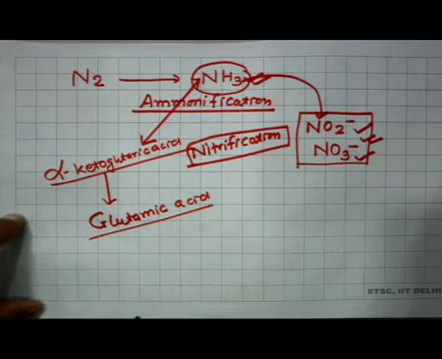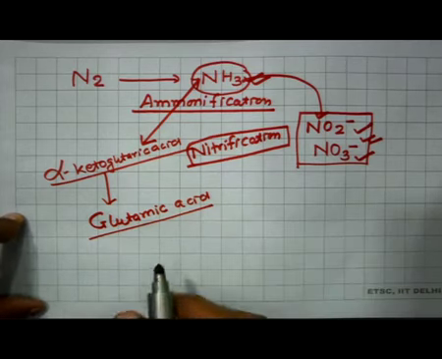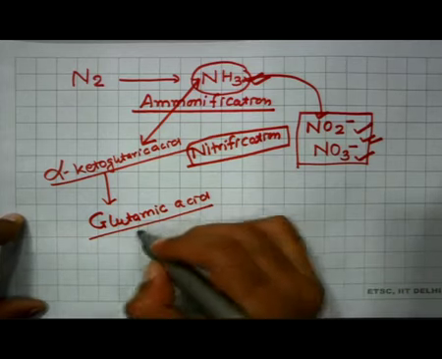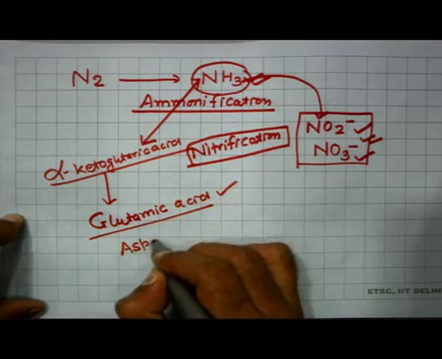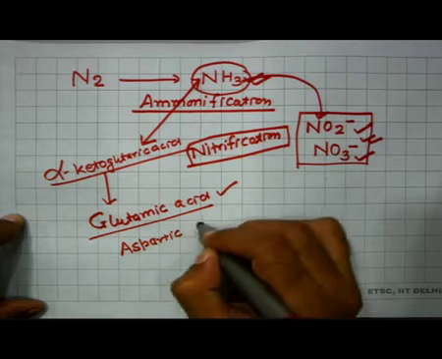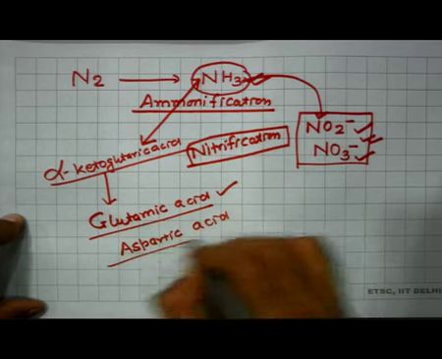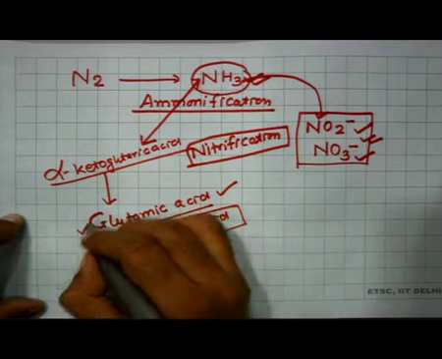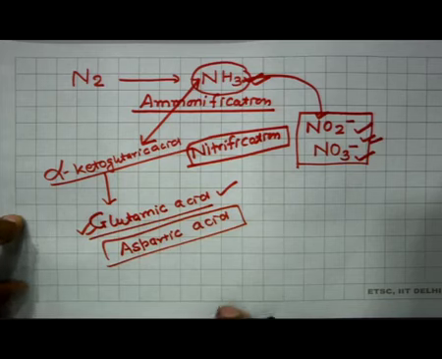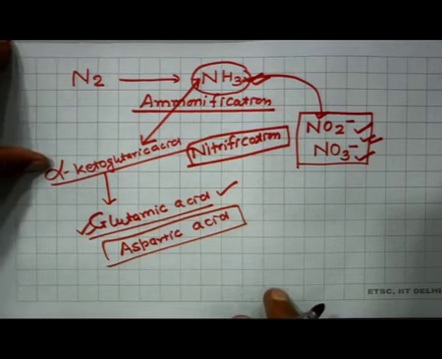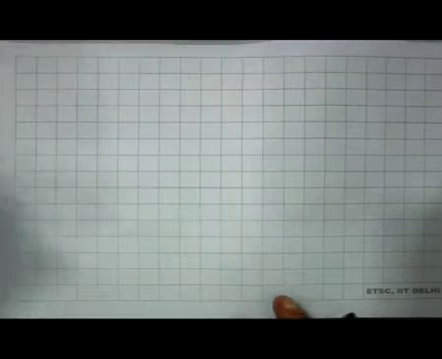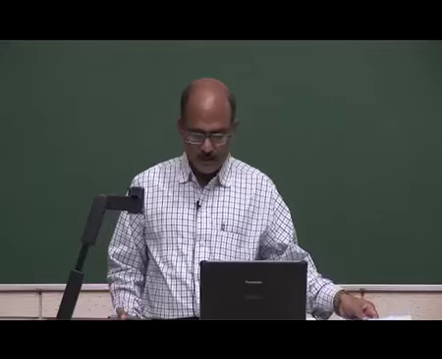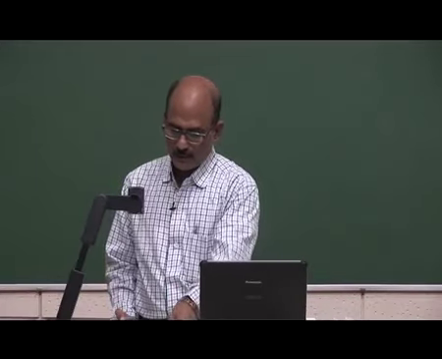By reductive amination and transamination, glutamic acid as well as aspartic acid is formed, which is a stable product and useful for the plant as well as human beings. So, the various intermediate products of the Krebs cycle are used to synthesize important biomolecules in the living system.